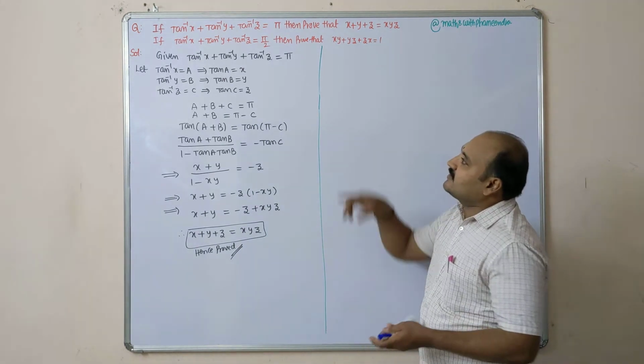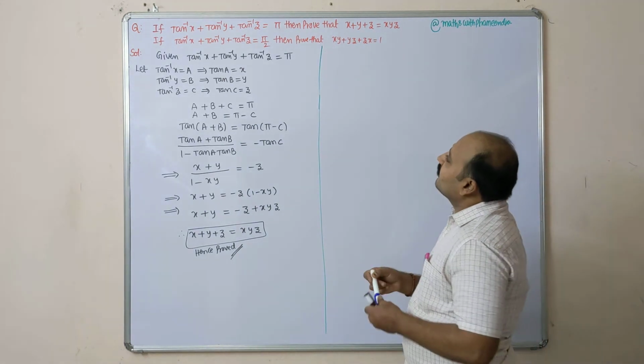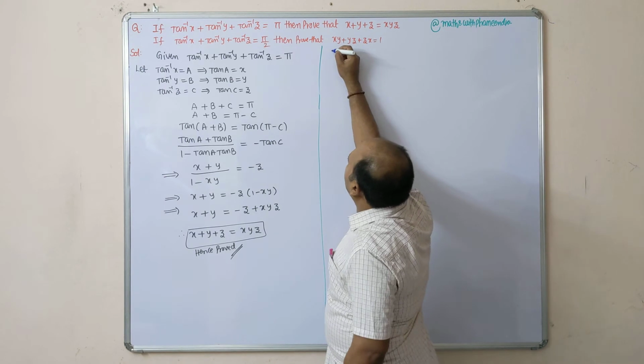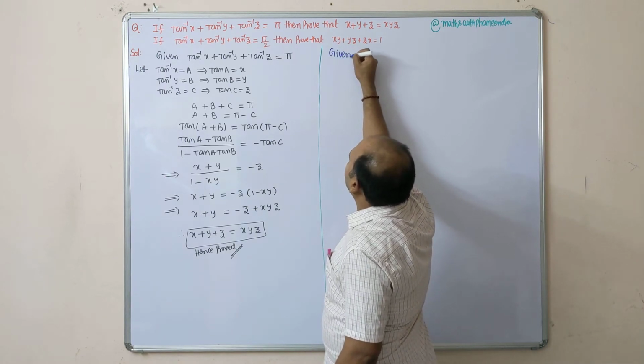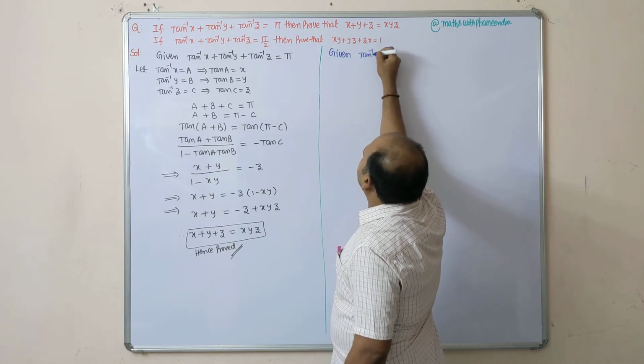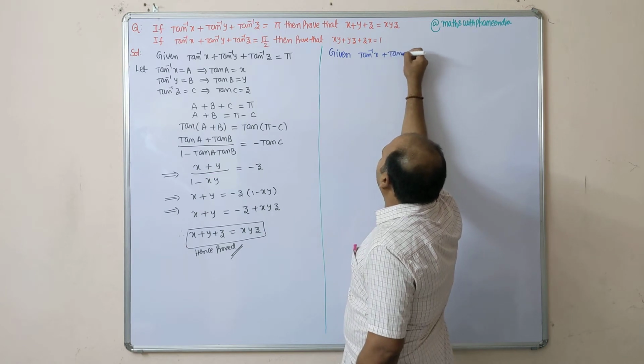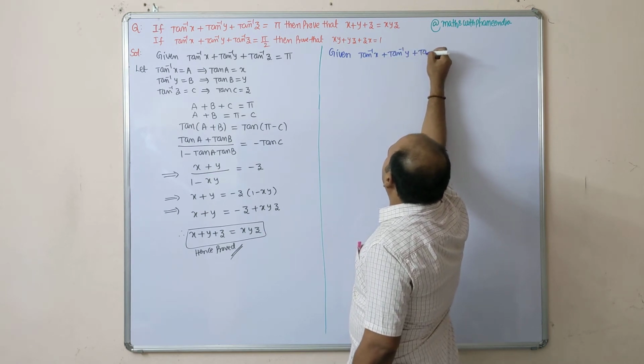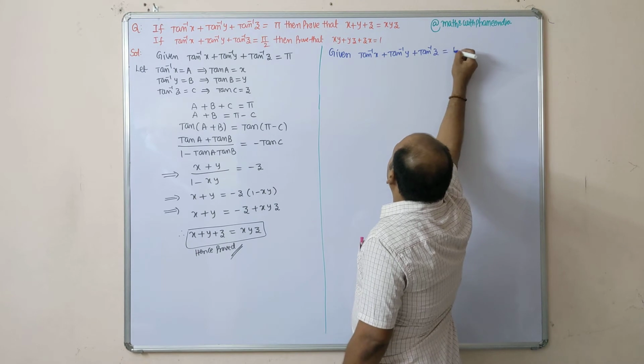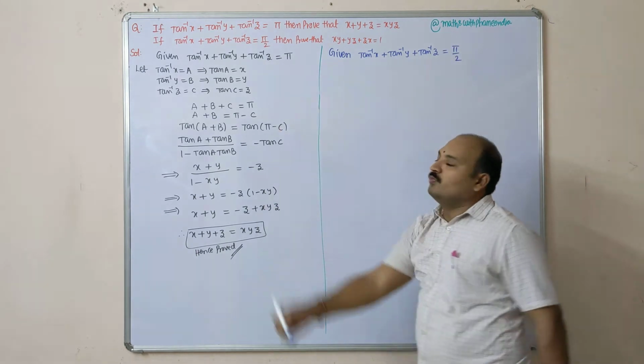Similarly, we can see the second question. Here also the same procedure we will follow, dear students. Given tan inverse x plus tan inverse y plus tan inverse z, but here the condition is equal to pi by 2.